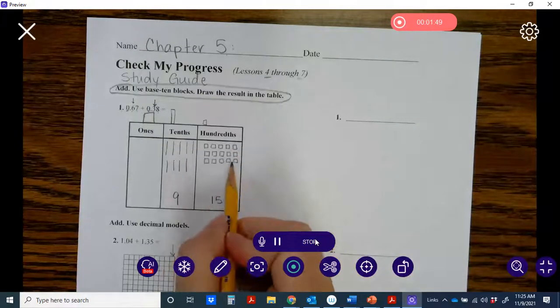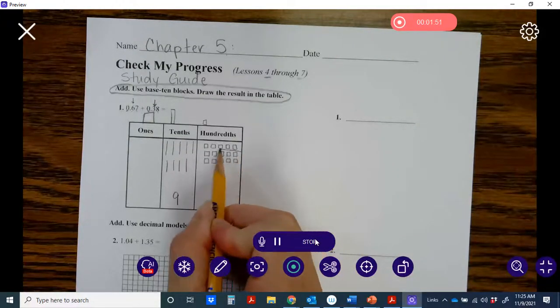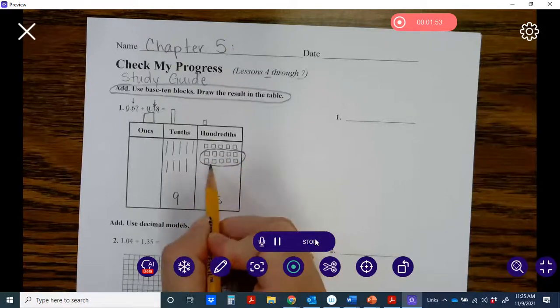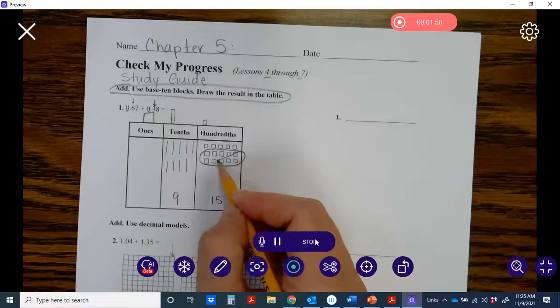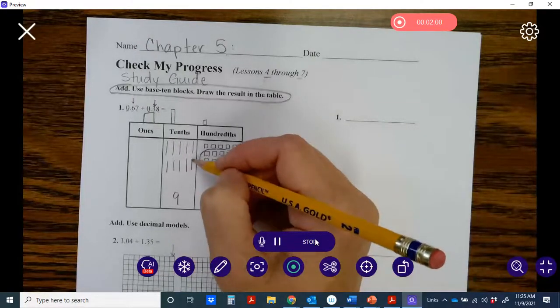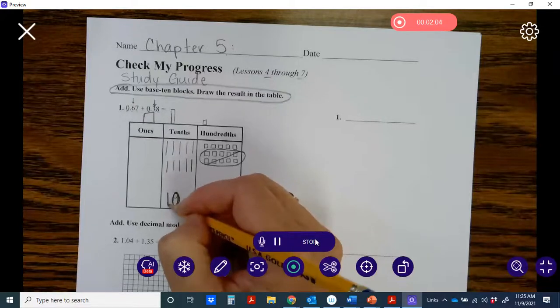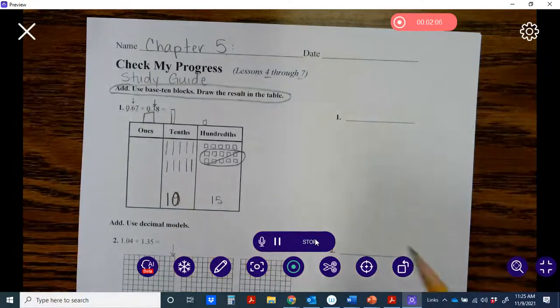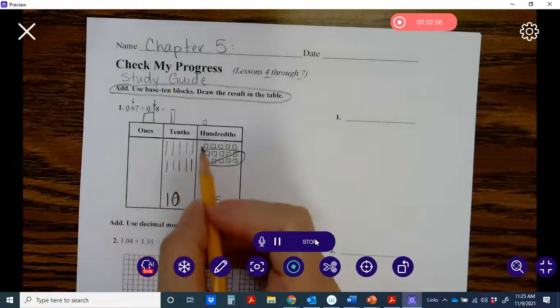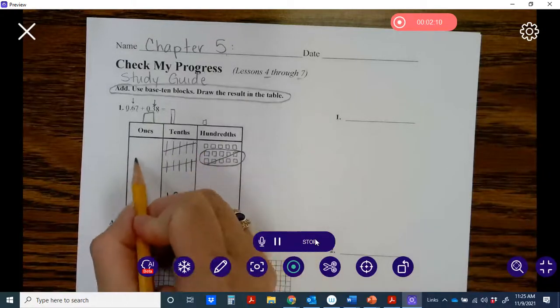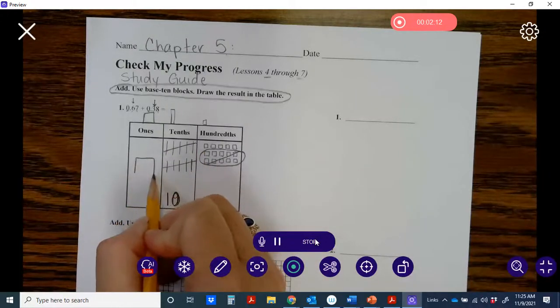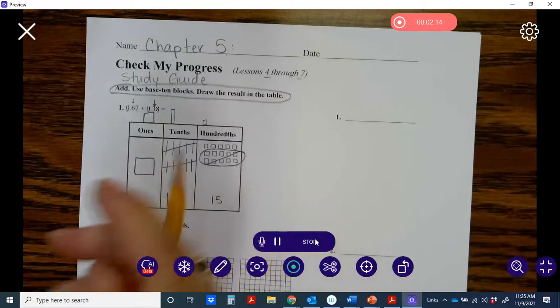Now 10 of these right here equals a tenth. So I'm going to cross this off and add one here, and now this becomes 10, okay? And 10 of these, I can cross that off, becomes a 1, or 1 flat.